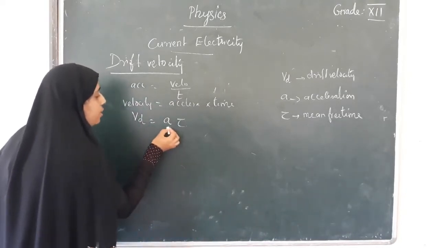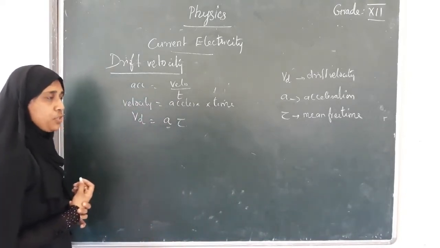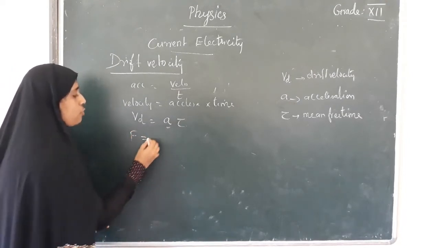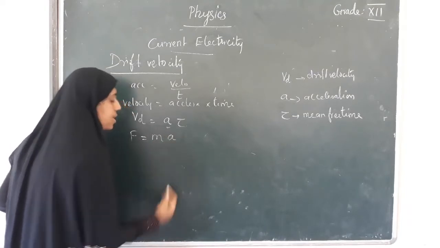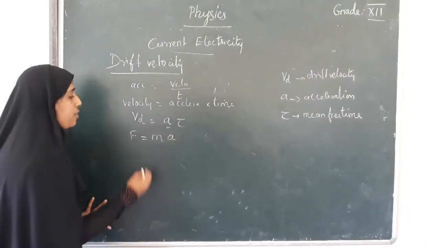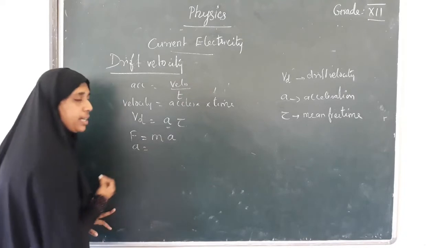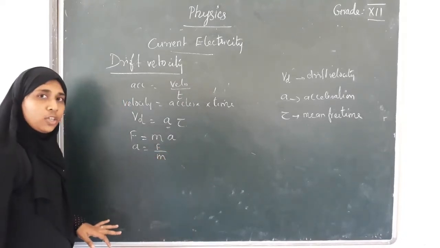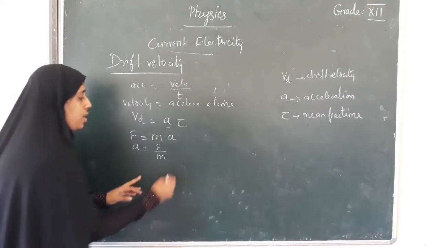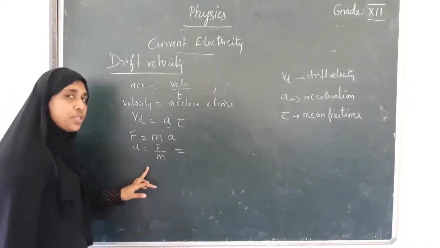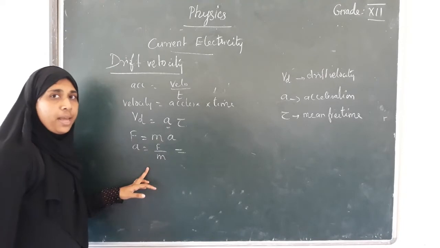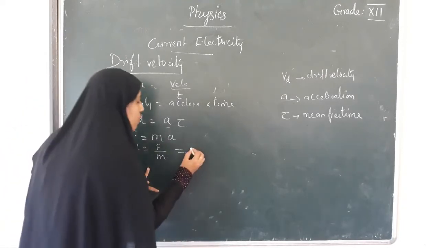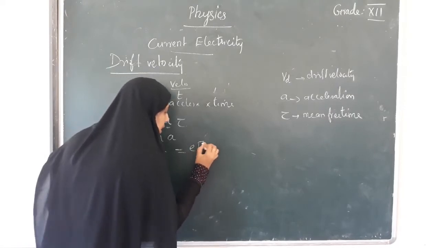We have to substitute the value of a. How can we substitute? Consider the force formula. According to Newton's law, force can be written as mass into acceleration. From this, acceleration can be written as a is equal to F by m. And substitute the value of force. Here electric field is applied. So we can write electric force as F is equal to eE.